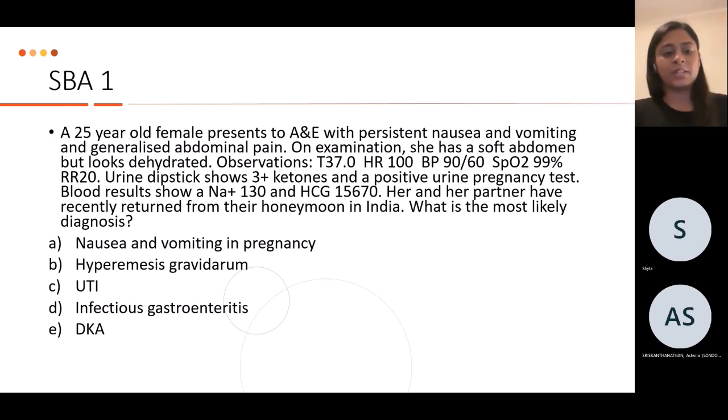The SpO2 is 99% and resps are 20. The urine dipstick shows 3 pluses of ketones, and she has a positive urine pregnancy test. The blood results show a sodium of 130 and a HCG of 15,670. Her and her partner have recently returned from their honeymoon in India. So what's the most likely diagnosis?